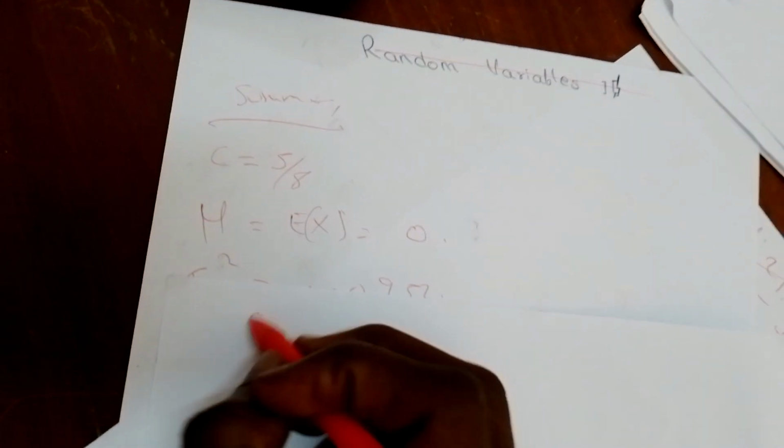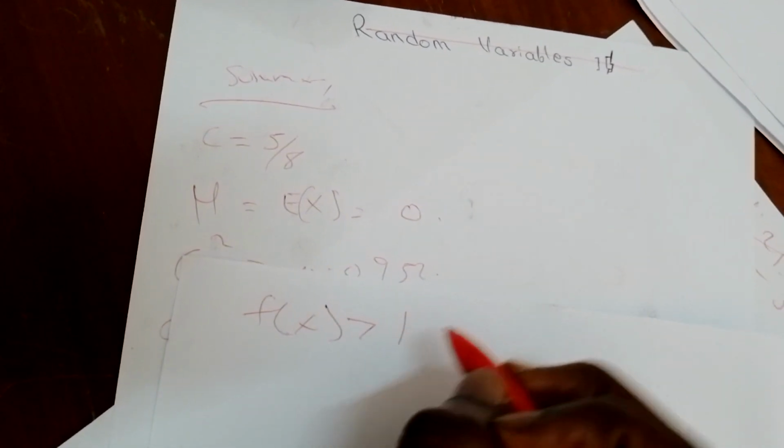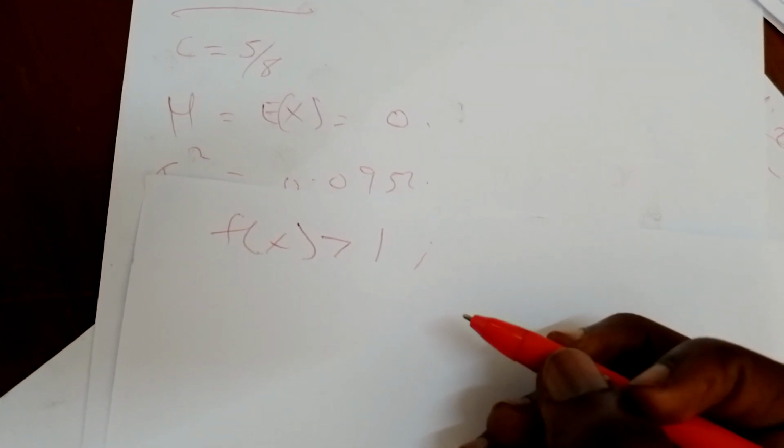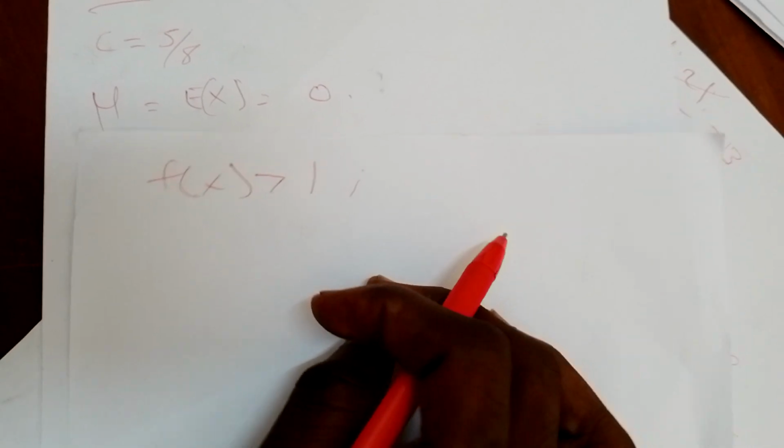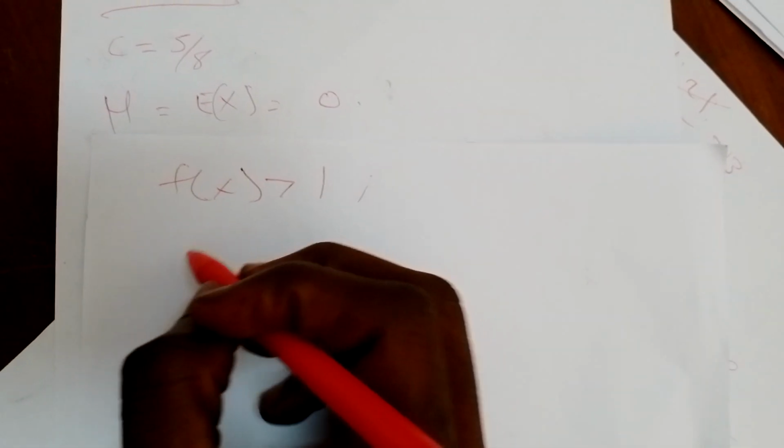And then if you are working for f of x greater than 1, and you also consider f at 1, then you'll be getting something like 1, right? So in that case you end up having 3 possibilities.